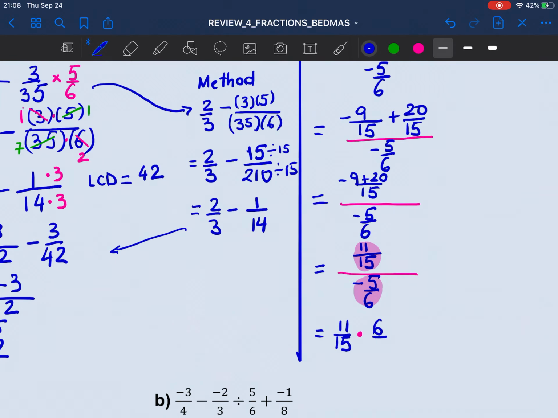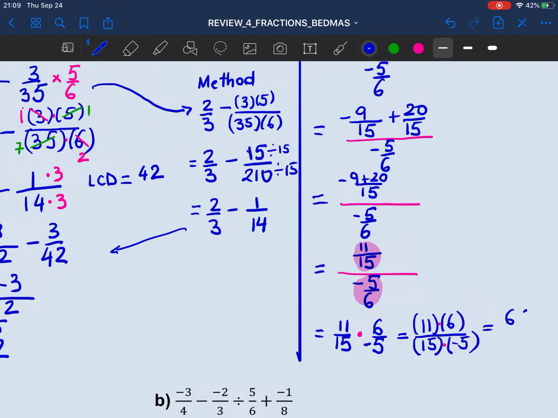So that will change to become 6 over 5. Now wait a second. You see how you have a negative here. So the negative can go either here or here. It doesn't really matter where you put it. So not to confuse anything, I'm going to leave it with negative 5 here. And we have 11 times 6 over 15 times negative 5. Okay? So there is multiplication in between.